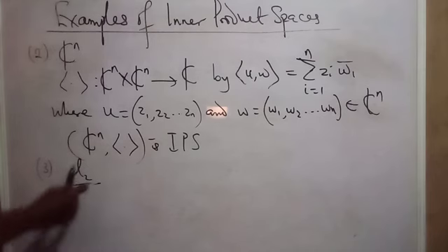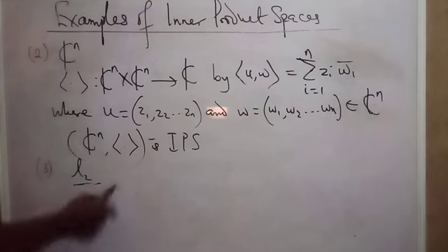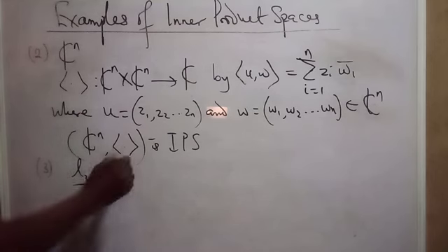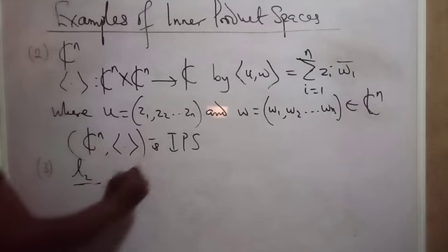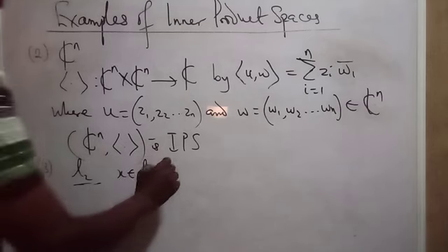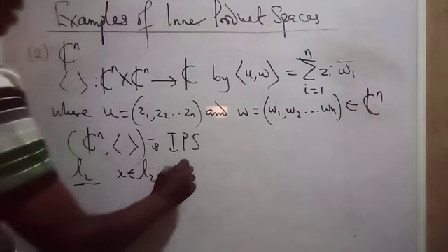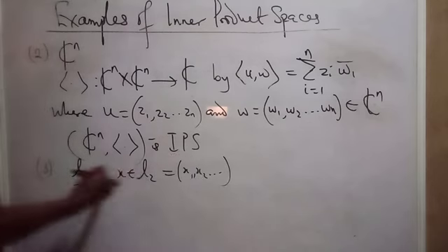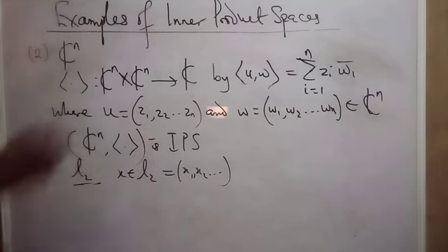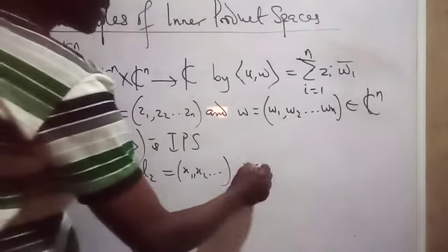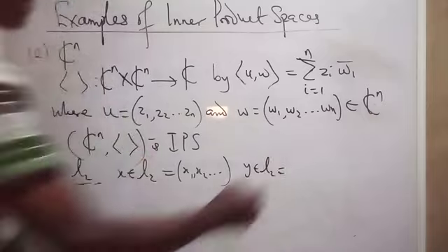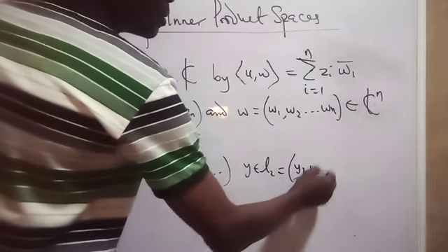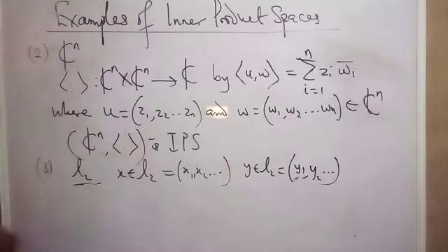If I want to write any element in this space, suppose x is in L2, I will write this generically as x1, x2, and so on, because it's a sequence. If I pick y also in that space as another element, I will have y1, y2, and so on.